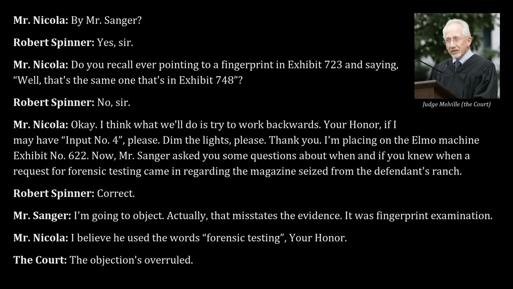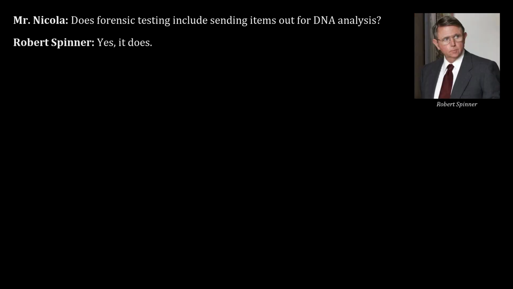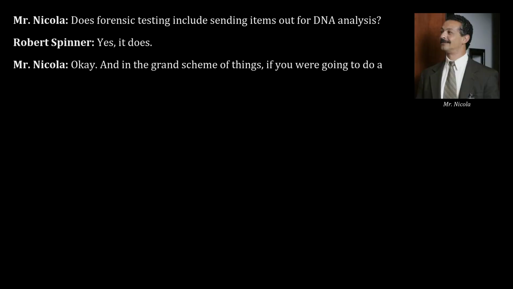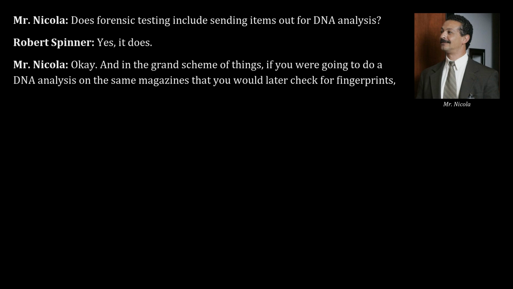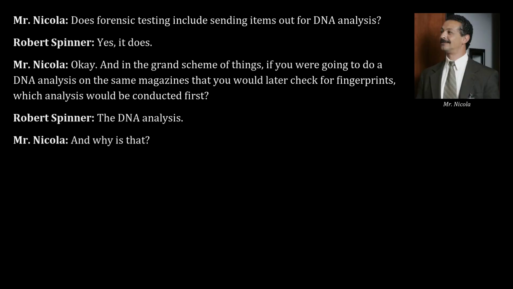The objection's overruled. Does forensic testing include sending items out for DNA analysis? Yes, it does. Okay. And in the grand scheme of things, if you were going to do a DNA analysis on the same magazines that you would later check for fingerprints, which analysis would be conducted first? The DNA analysis. And why is that?